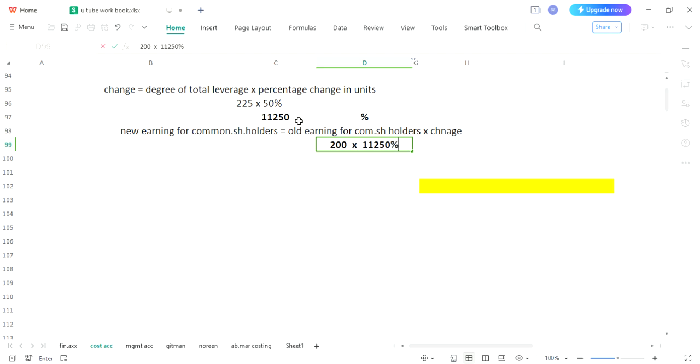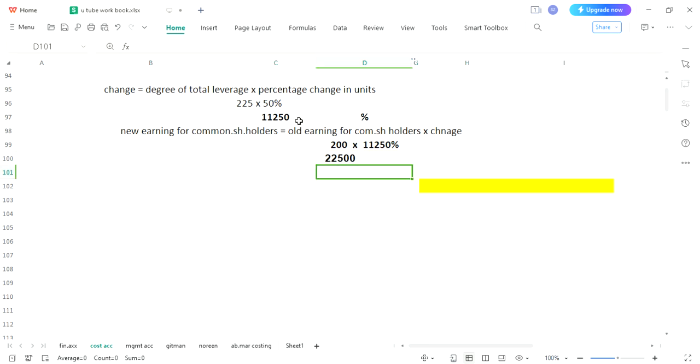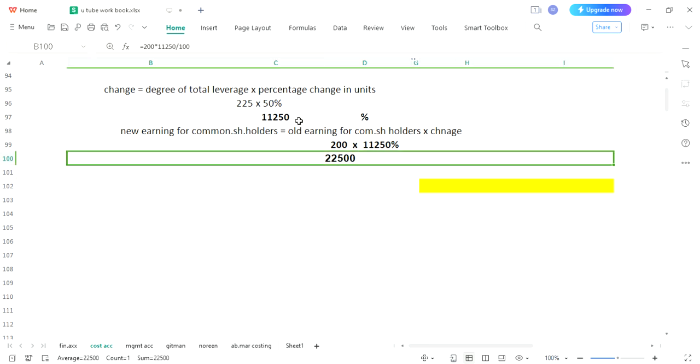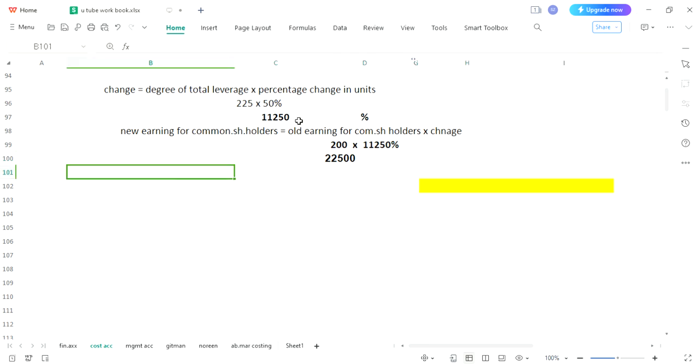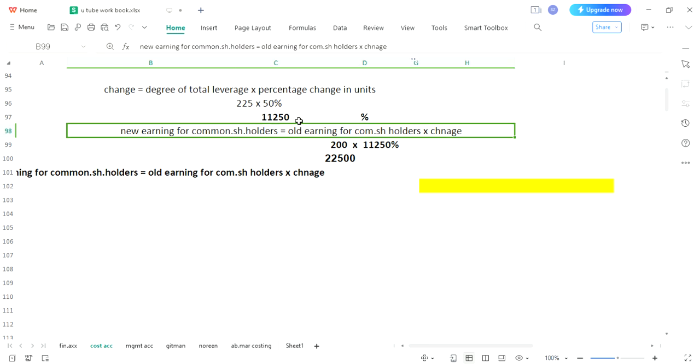So 200 multiplied by 11,250 divided by 100. This would be the change which would come, 22,500. Basically this is your change in earning.